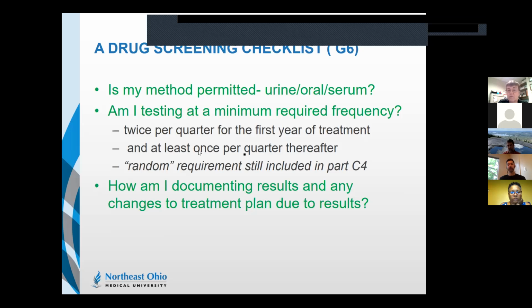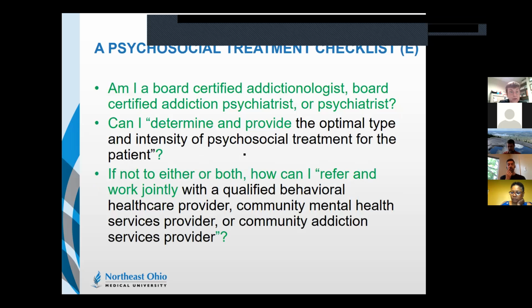So these are minimums, and we can use our clinical judgment about when we want to get more tests than what's required. Am I documenting results? And also, if we have an abnormal result, am I documenting any changes to the treatment plan that I'm making to respond to that result?